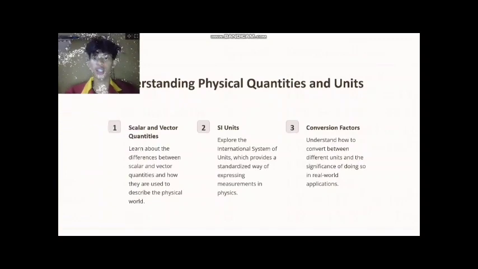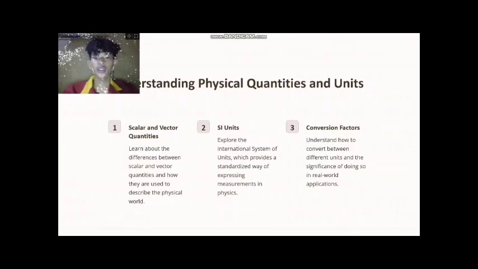Understanding physical quantities and units. Number 1. Scalar and vector quantities. Learn about the differences between scalar and vector quantities and how they are used to describe the physical world. Number 2. SI units.